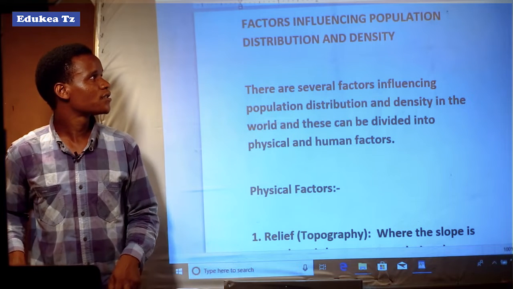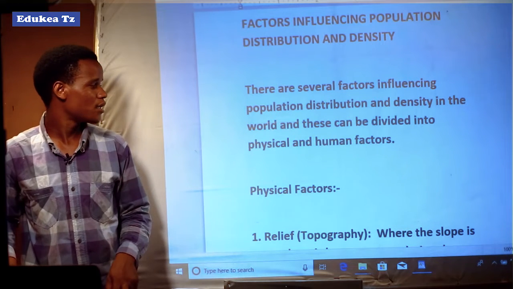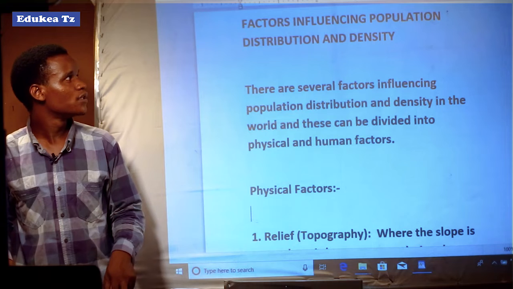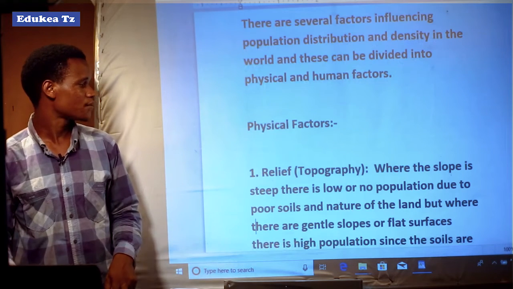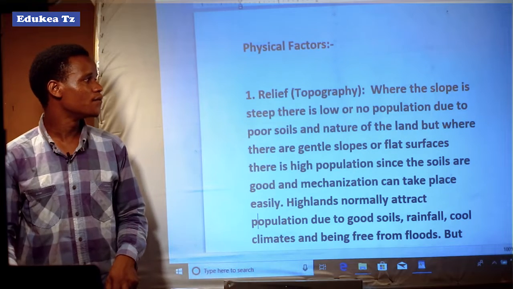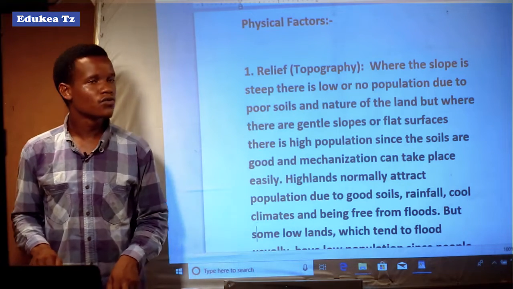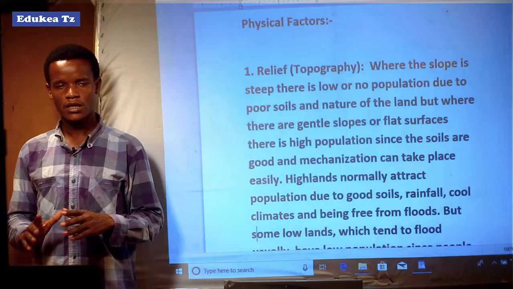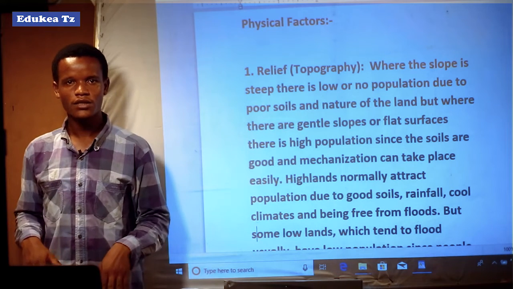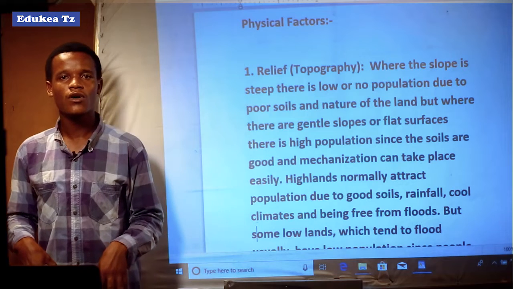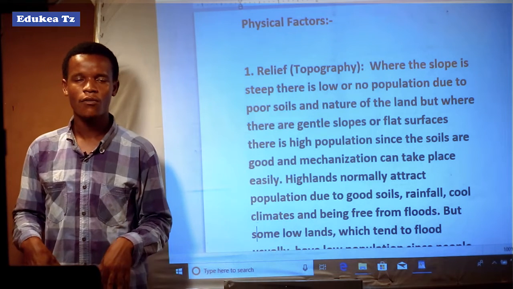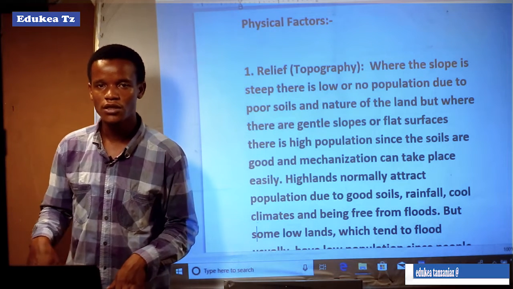The first factor that leads to the population distribution is relief. Relief, we are going to look at the steep slope and the gentle slope. The areas that have steep slope tend to have low population compared to the areas found in the gentle slope.